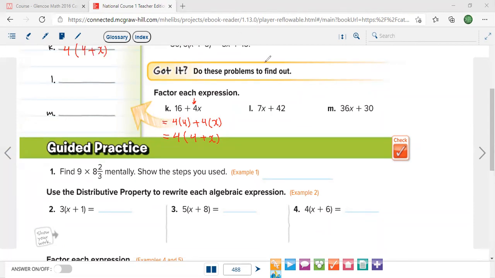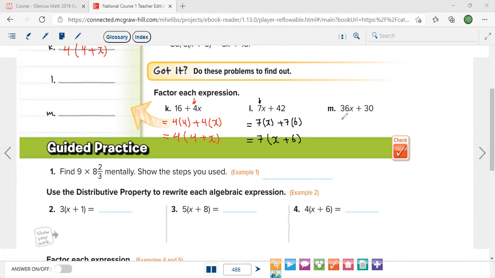Let's do it again. It's very easy. You have here in front of x is 7. So it will be written as 7 parentheses x plus 7 parentheses 6, because 42 is 7 by 6. So take the 7 outside, so it remains x plus 6 in parentheses.